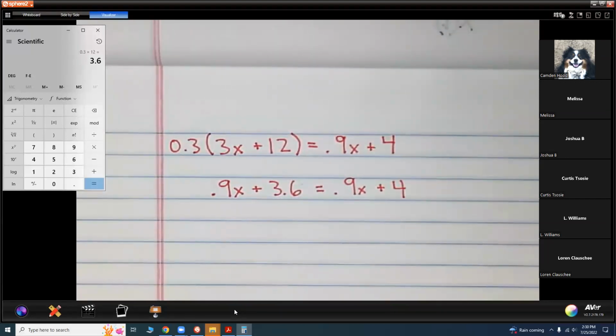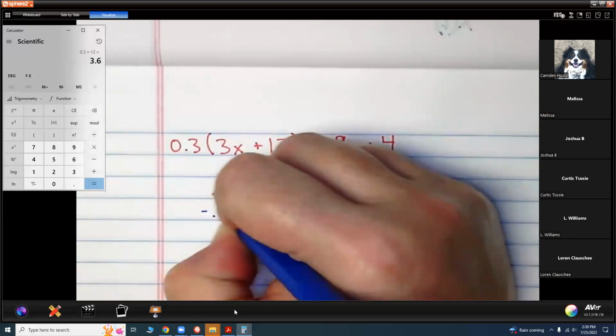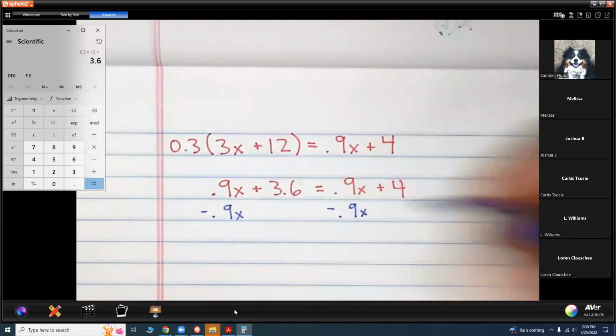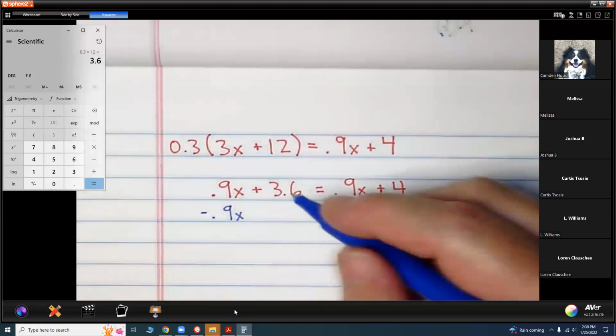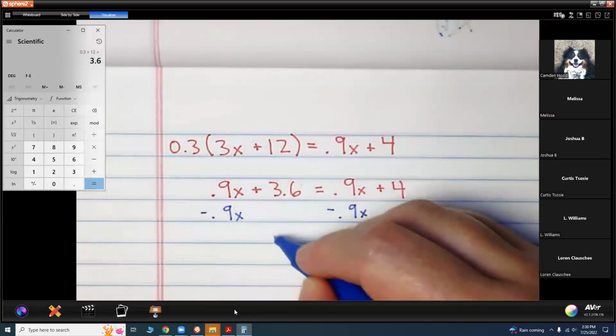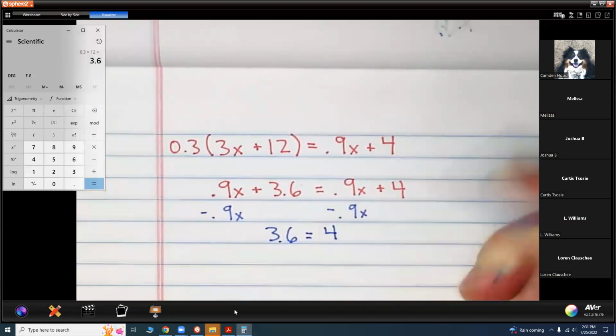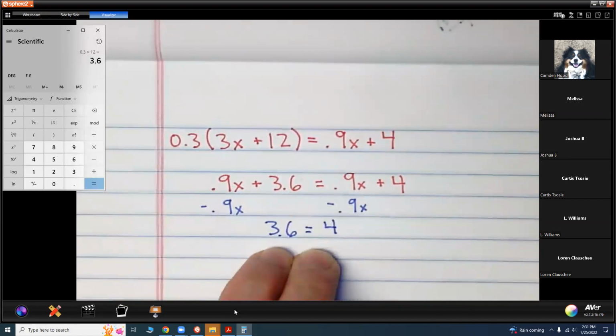So I need to subtract 0.9x from both sides, but that cancels. So I'm left with 3.6 equals 4. Is this true?